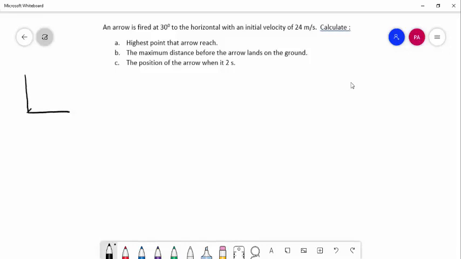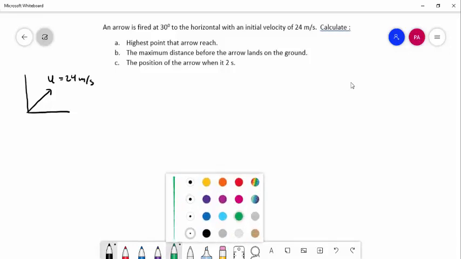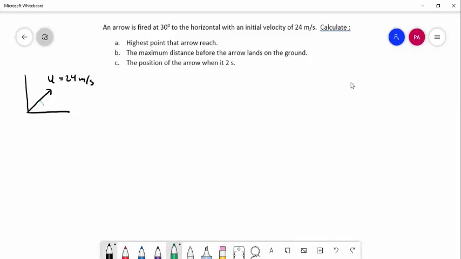So the arrow's initial velocity is 24 meters per second, and it has 30 degrees to the horizontal. So we will have initial velocity x and initial velocity y.